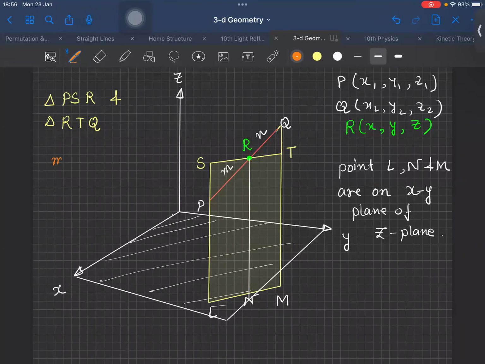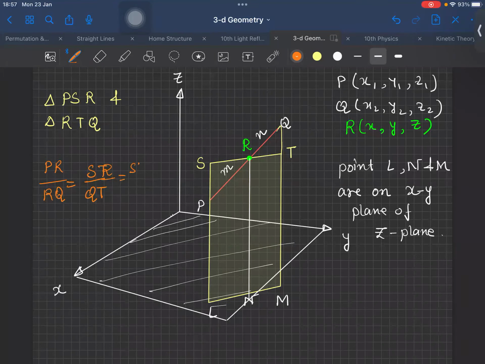So instead of directly writing m is to n, we can write the ratio of PR upon RQ, which should be equal to SR upon QT.